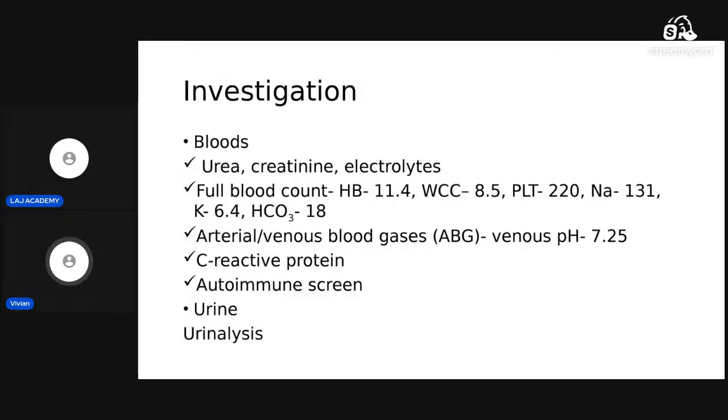There is hyponatremia, and hyperkalemia 6.4, and also the bicarbonate is a bit low, and there is acidosis from the venous blood gas that was done. There is obviously metabolic acidosis.